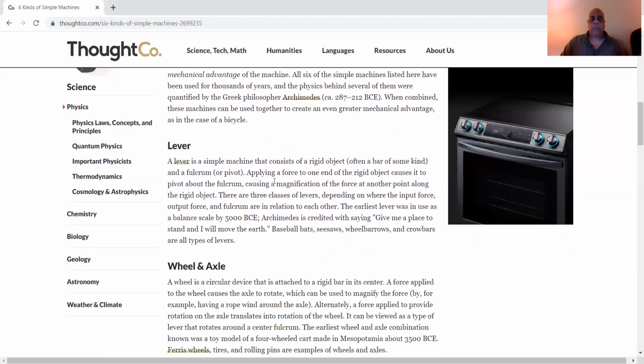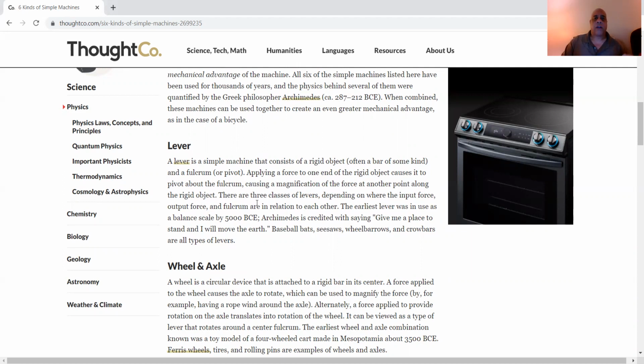Now, a lever is a simple machine that consists of a rigid object, often a bar of some kind, and a fulcrum or pivot. Applying a force to one end of the rigid object causes it to pivot about the fulcrum, causing a magnification of the force at another point along the rigid object. These are levers.